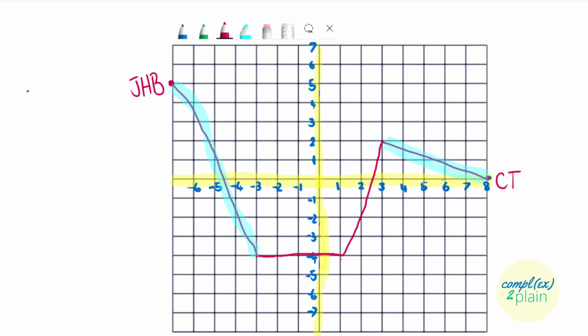When we talk about what a gradient actually is, it's just the amount of distance we go up or down relative to the amount of distance we go sideways. So let's look at this practically. Let's say we take this section from Joburg down to the Free State. You'll see that the change in x is 1, 2, 3, 4 blocks.